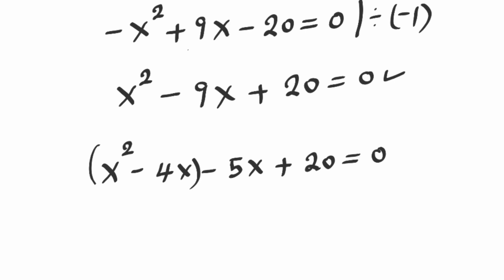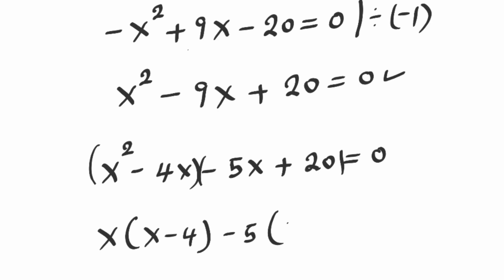Then if you consider this, we have x bracket x minus 4 minus 5 bracket x minus 4 is equal to 0.